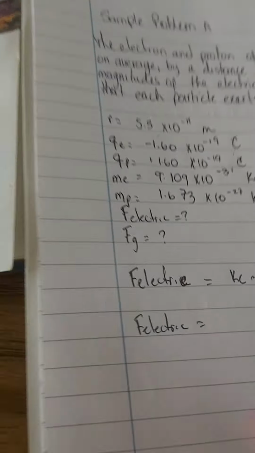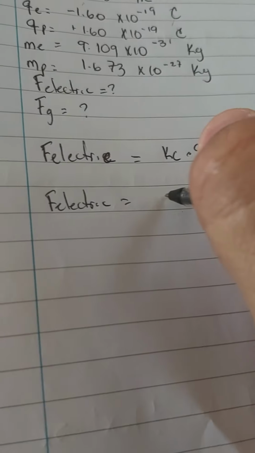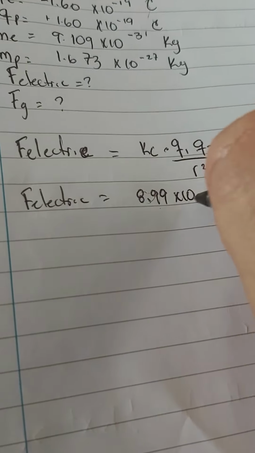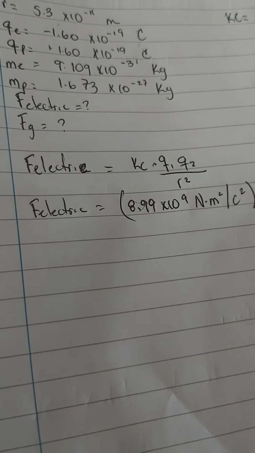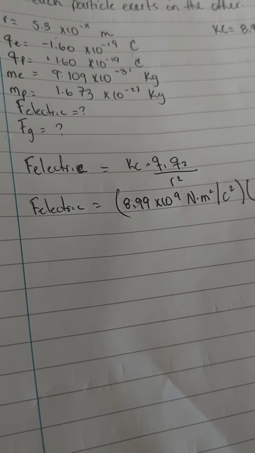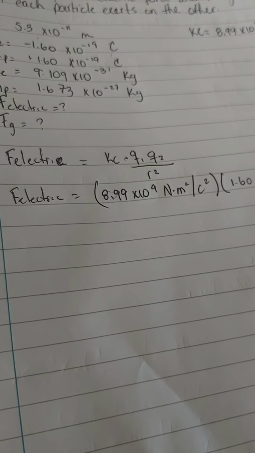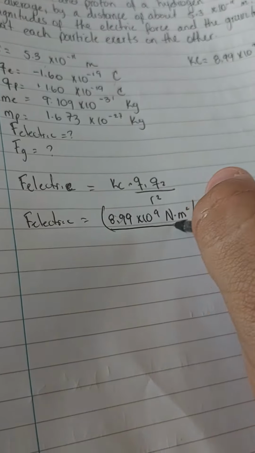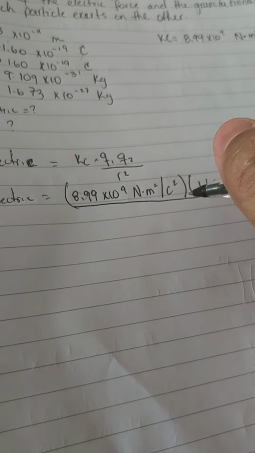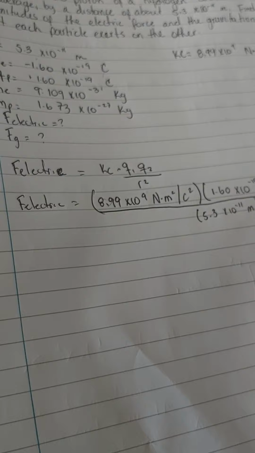Okay, so the electric force will be equal to 8.99 times 10 to the 9 newton times meter squared per Coulomb squared, times charge 1, 1.60 times 10 to the negative 19, times charge 2, 1.60 times 10 to the negative 19 Coulomb, divided by the distance, which was equal to 5.3 times 10 to the negative 11 meters squared.